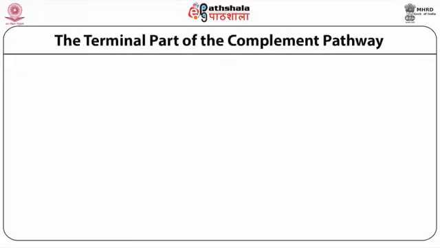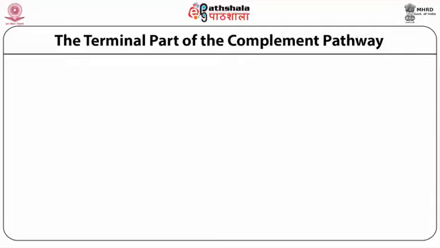Let us summarize what we have learned so far. What you would have seen is that it is at the C3b stage, the formation of the C3b molecule, that both the classical pathway and the alternative pathway converge.